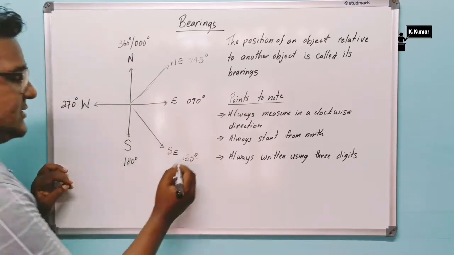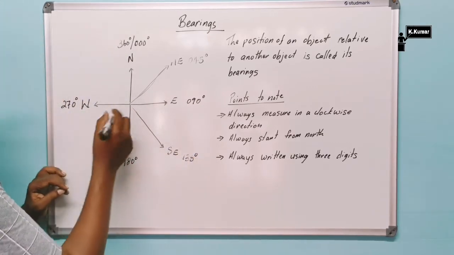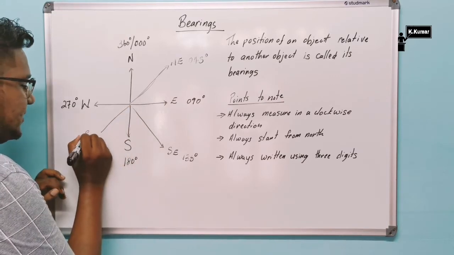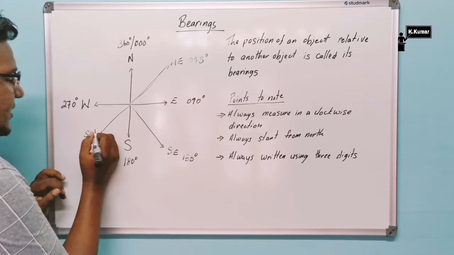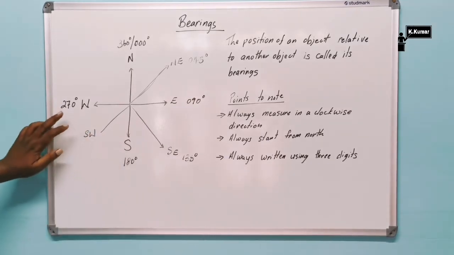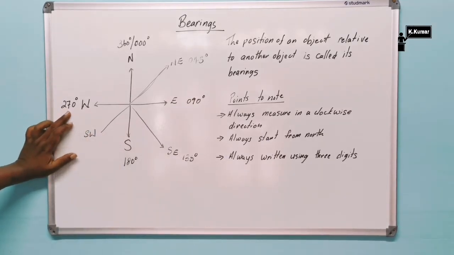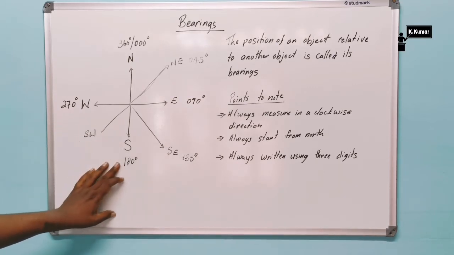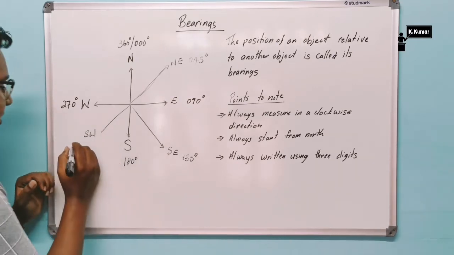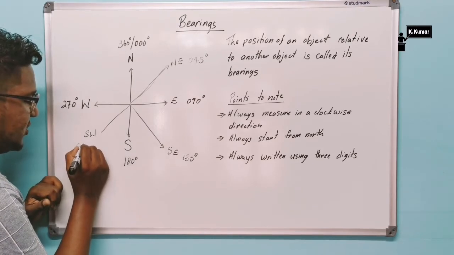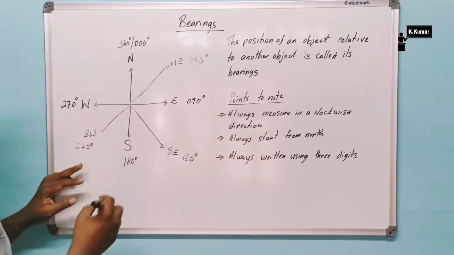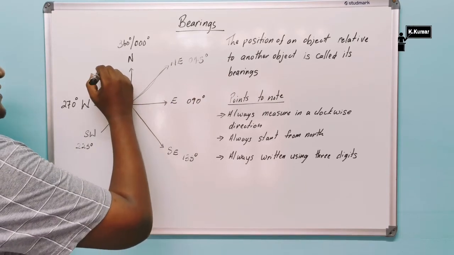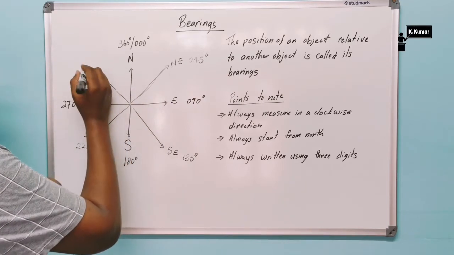135 degrees. Between south and west, we'd have another one, and we call this one southwest. If between south and west is 270 degrees, then southwest is going to be 180 plus 45, which is going to give me 225 degrees. And then between west and north would have another one that we call northwest.